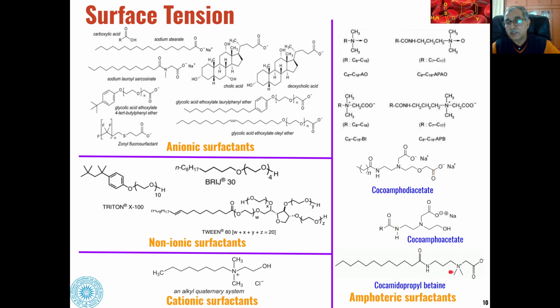For example, in this case, you can see this has a cationic part also, an anionic part also, and a non-ionic part also. So depending upon the structure, they can act either as anionic surfactants or non-ionic surfactants.